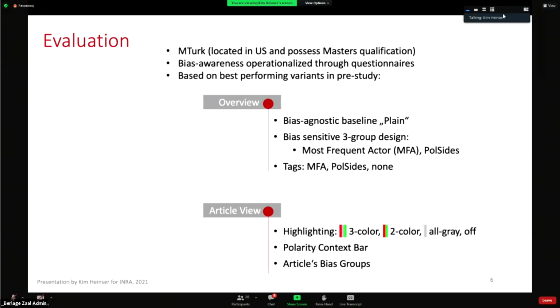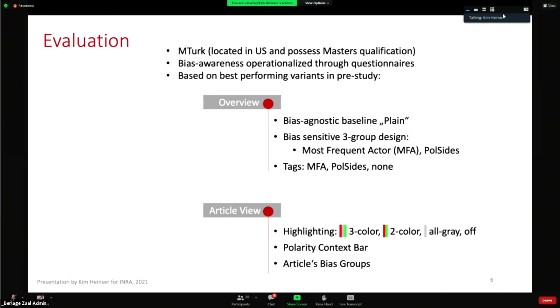Then we tested our method in different variations: the most frequent actor method, and political sides, which is the more common method used to group articles into their outlet's political slant. Additionally, we tested whether there is an effect if we group an article according to its most frequent actor polarity and also show the political side.